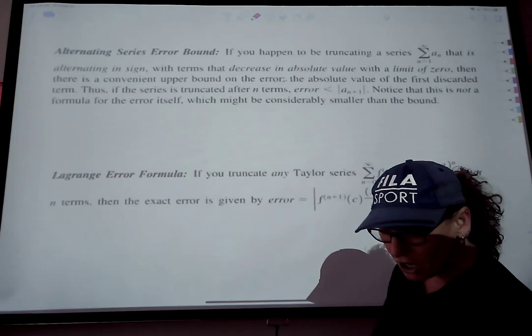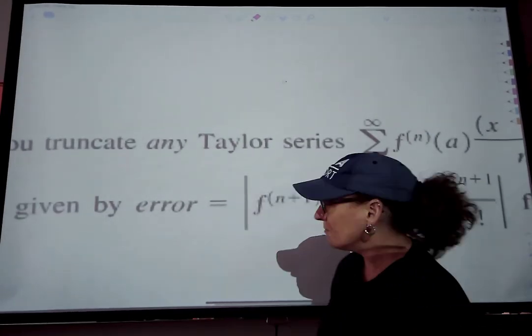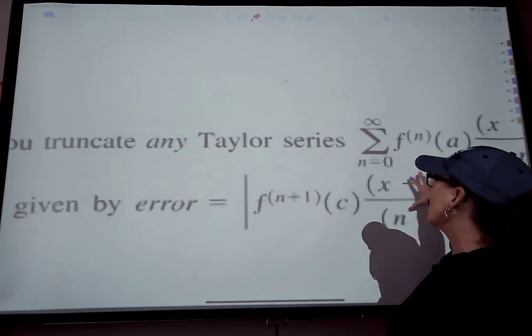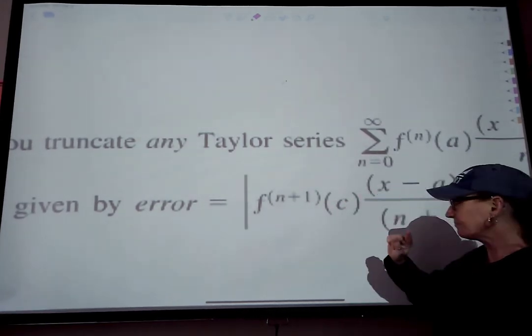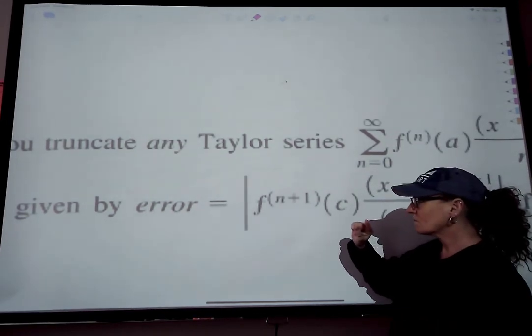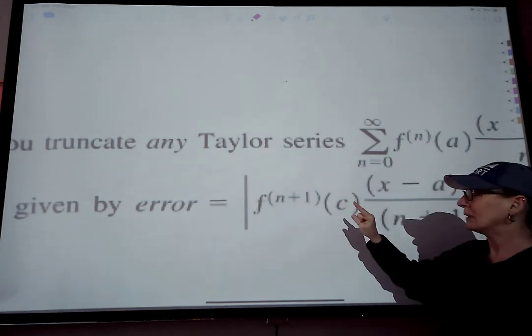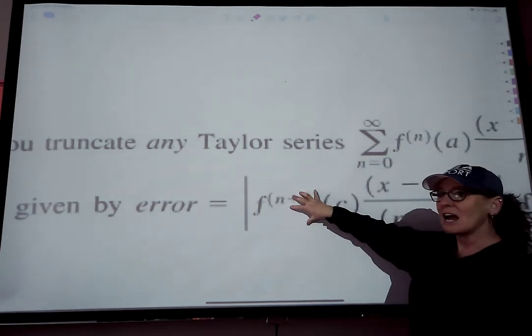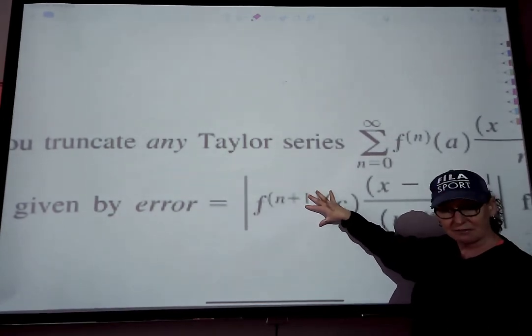And then for our Lagrange error bound, the exact error is found by calculating through this formula. However, we don't often use exact error with the Lagrange error bound because we don't always have an exact value for the n plus 1th derivative.